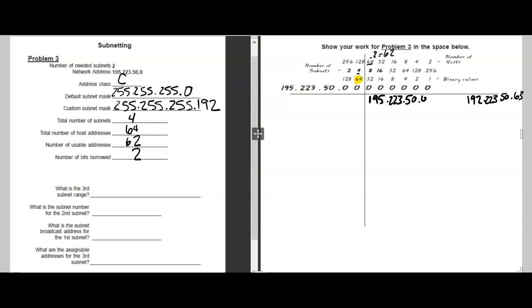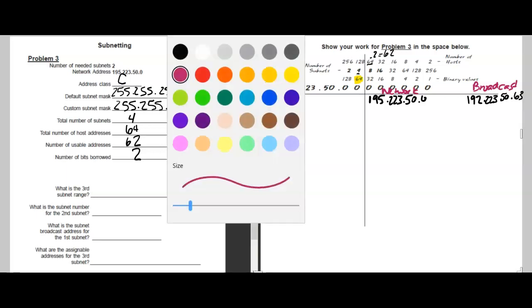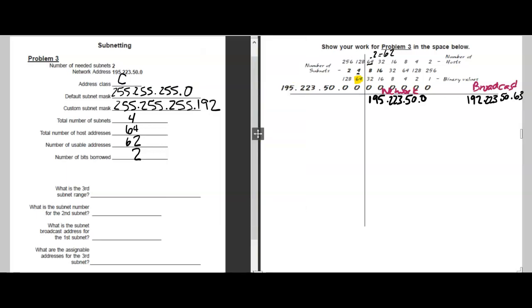So remember that we said this is the broadcast address and this is the network address. And then anything in between is what's usable. And I always tell students that it's a good idea to write out the first line fully, and then after that it doesn't really matter, so you don't lose track of where you're at. So we know that usable would be .1 to .62.